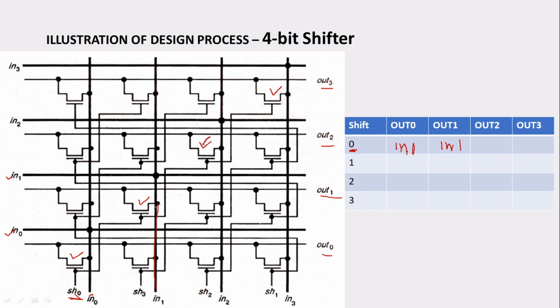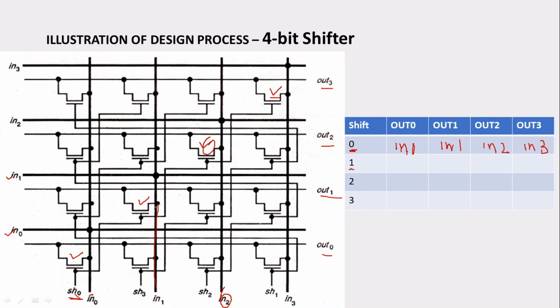This one is connected to IN2, so the output will be IN2, and this transistor is connected to IN3. So here 0 bits have been shifted, that means no shift has occurred.